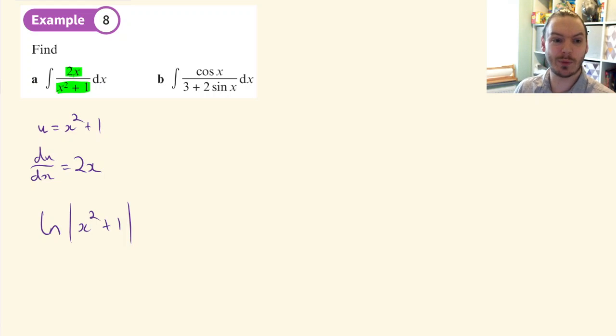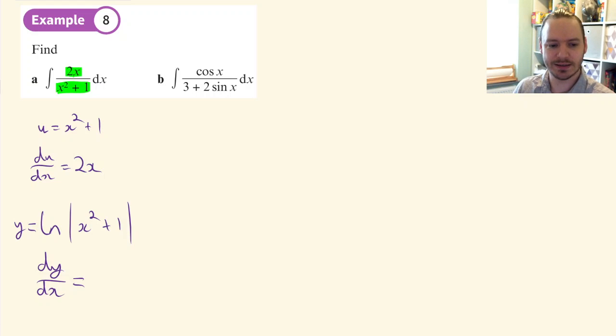Now, just like when we were looking at reverse chain rule before, what we kind of have to say is, well, I think it's this, but there may be some constants involved that I'm not certain are right. So I kind of need to say, well, imagine y is this, what's dy by dx? And then I need to check that matches the integration question.